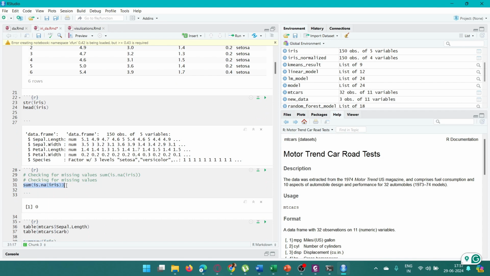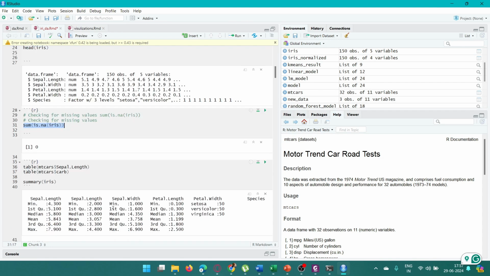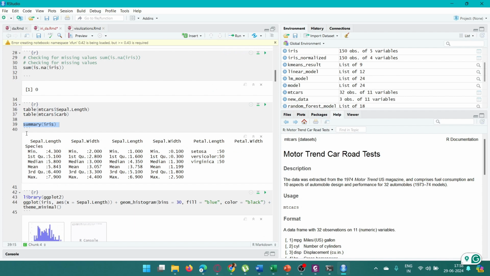So the command summary of iris will help us identify those descriptive analysis values or interquartile range values.